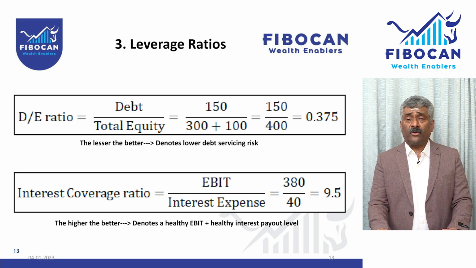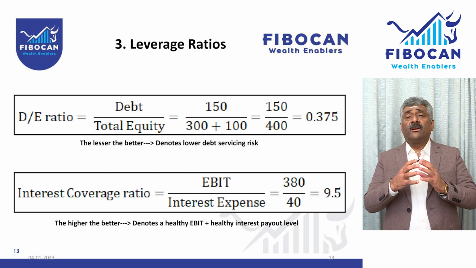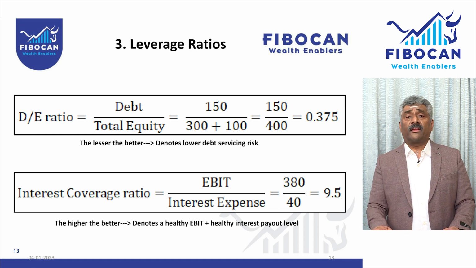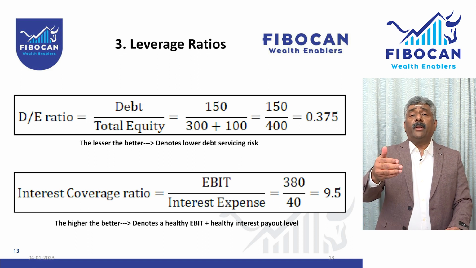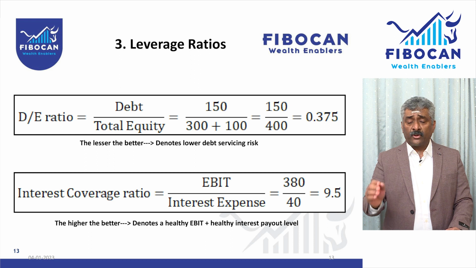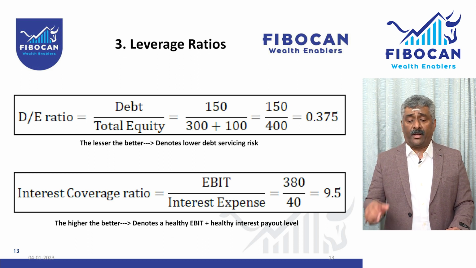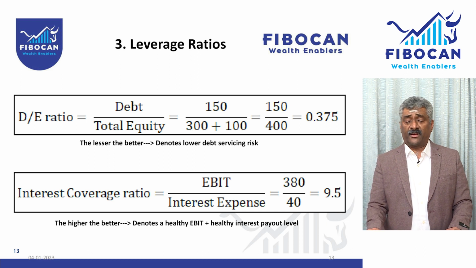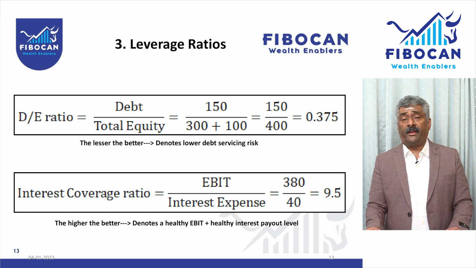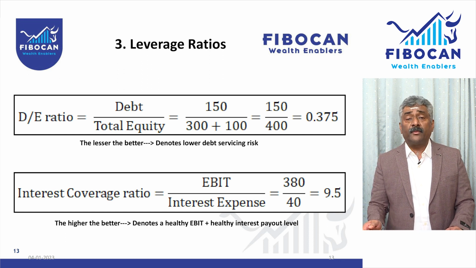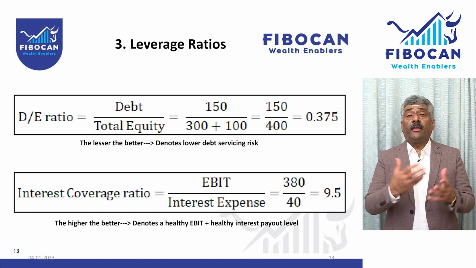Interest coverage ratio. This tells how much we are earning and whether it is able to take care of the interest. Simple. EBIT by interest expense. In this example, 380 by 40 equals 9.5. Higher the better. If it were 380 by 380, that means 1: whatever we are earning, we are paying as interest.